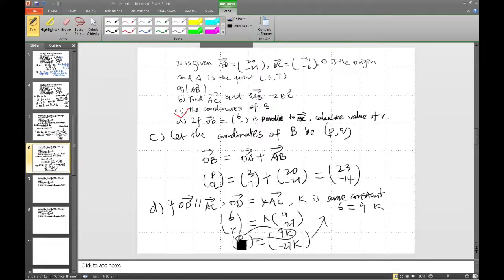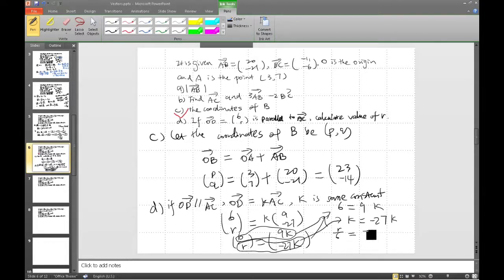And so, accordingly, R equals minus 27K.